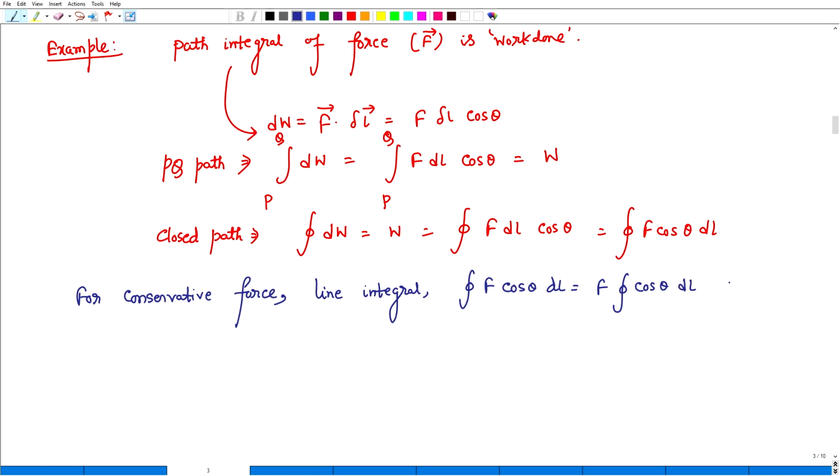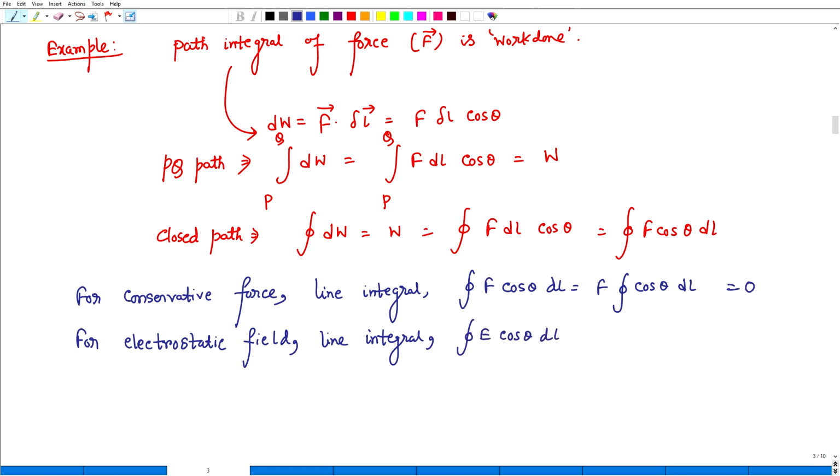Okay. So it will be 0 if F is a conservative force. Now in case of a conservative field, for the electrostatic field, the line integral for a closed path, E cos theta dl, again it will be 0 for a conservative electric field as well. Okay, so this is due to the conservative nature of the field.